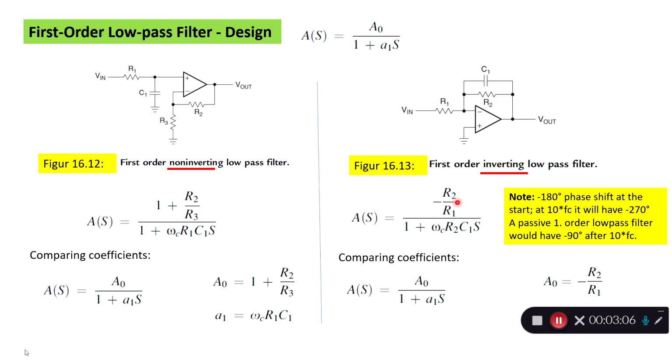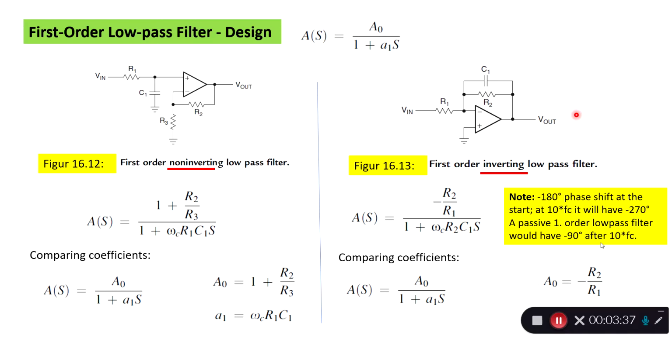And this sign here indicates that we have 180 degrees of phase shift coming alone from the inverting amplifier, but the low pass filter adds another 90. So when we are at 10 times the cutoff frequency, we actually are up at minus 207 degrees phase shift.